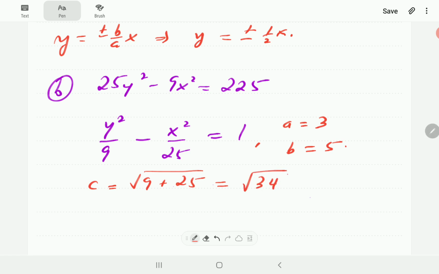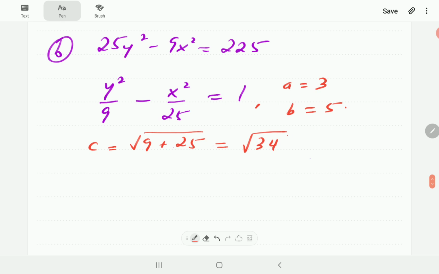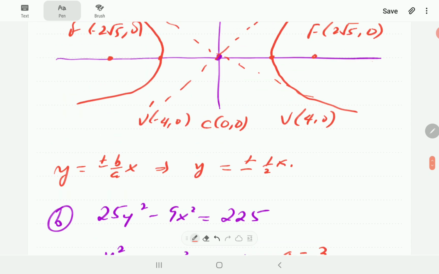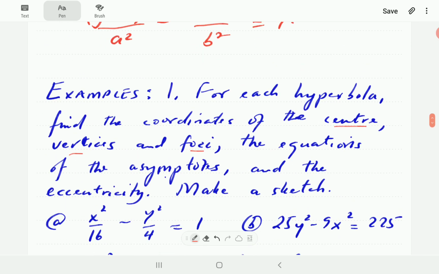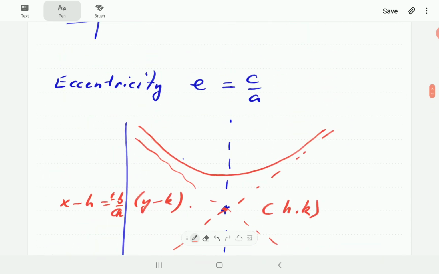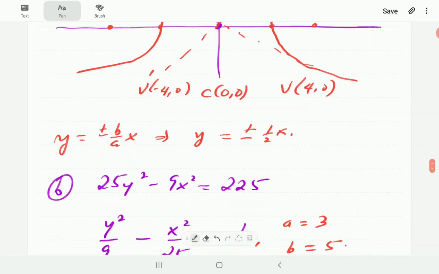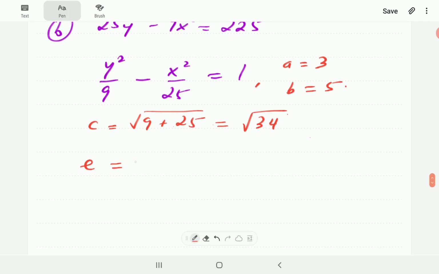So that is going to be c. So the eccentricity, what is the eccentricity? c over a. So it's going to be square root of 34 divided by 3.